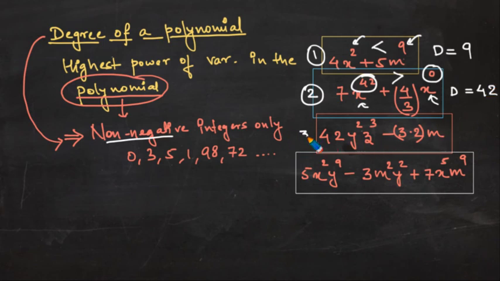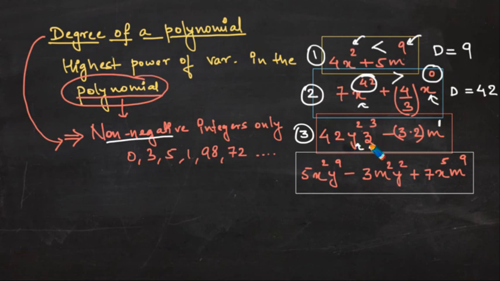Let's try the third example. Whoa, this is slightly different because in a single term, we have 2 different variables. We have y square z to the power 3, and in the second term, we have 3.2 times m. If there is no power written here, this means that this is m to the power 1. So what would be the degree in this case?